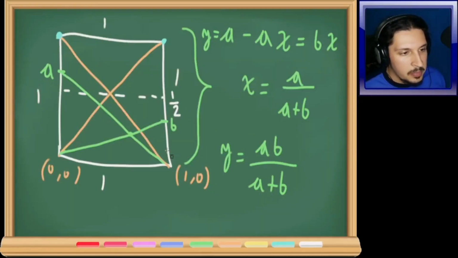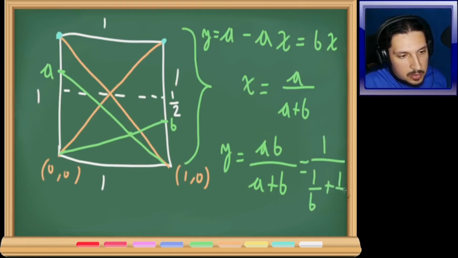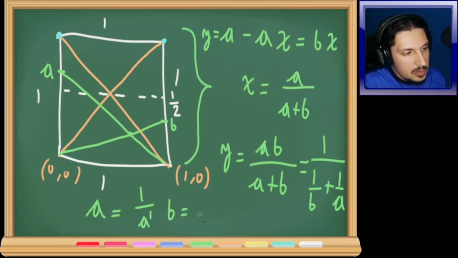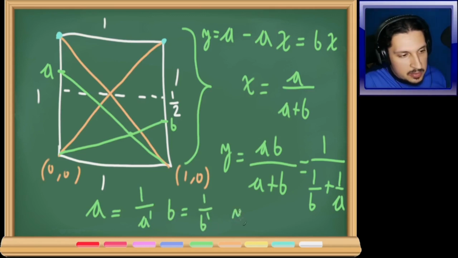It's easy to see when you notice that this one is the same as, if we divide both sides by AB, you get 1/B plus 1/A. So if the original height A was actually written as 1/A prime and B was 1/B prime, then again this says that the new height is 1/, but this is actually B prime and this is A prime, so it's the sum.